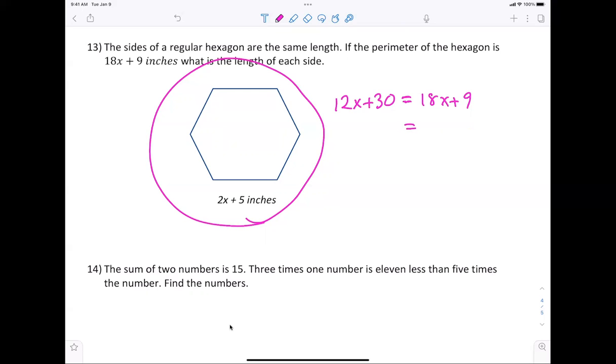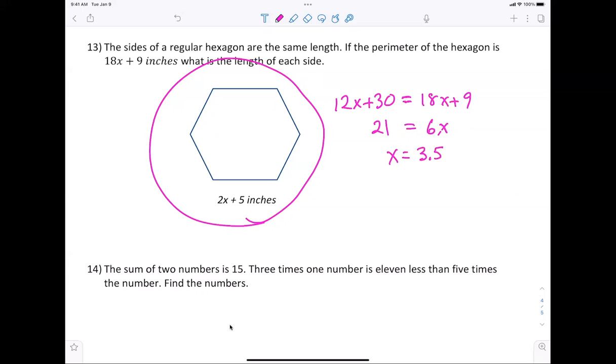So what do I got here, guys? Moving the 12x, 18 minus 12, yes, 6x equals 21. And so what is the length of x? 3.5. All right.